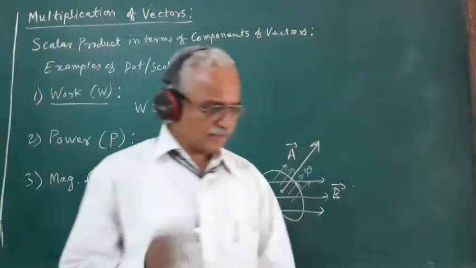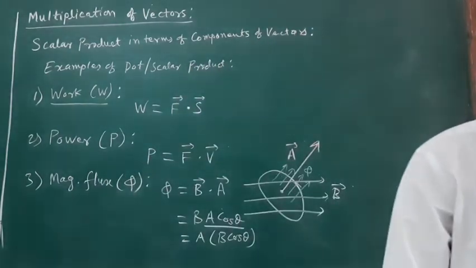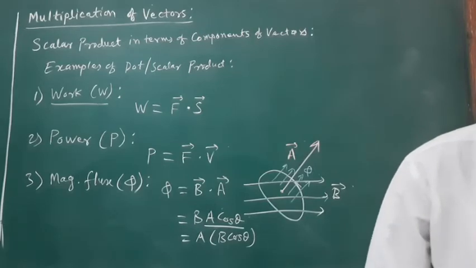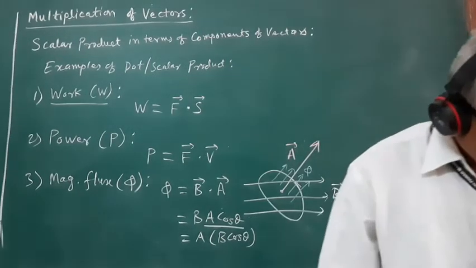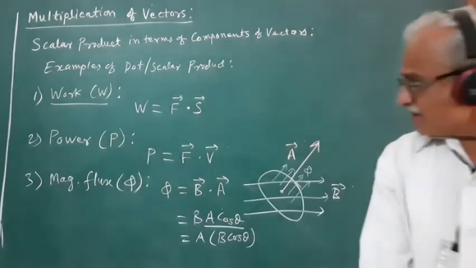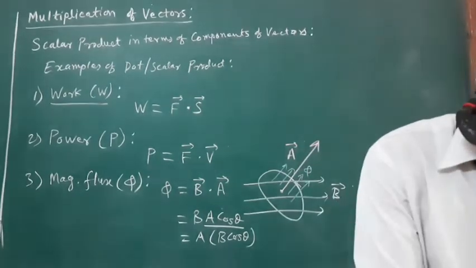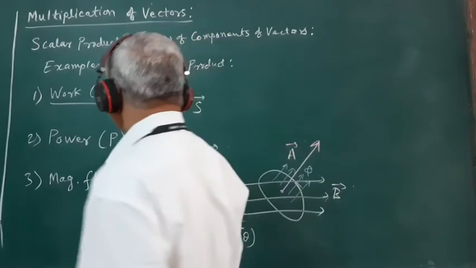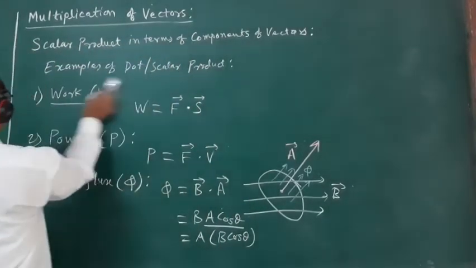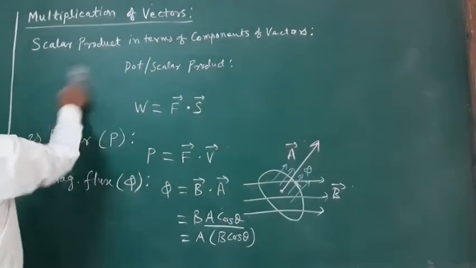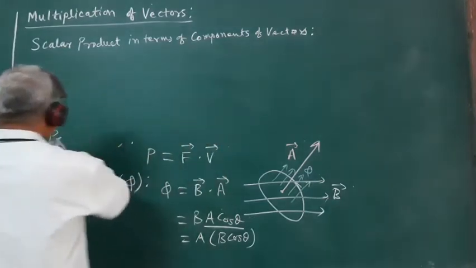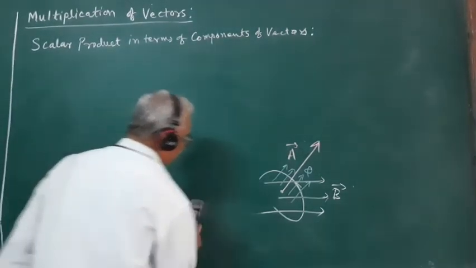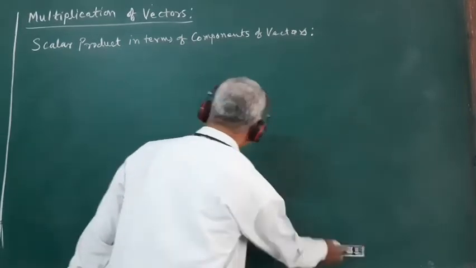And there are many more situations where we come across this kind of scalar product of two vectors. This scalar product of the two vectors is nothing but the product of the magnitude of one vector and the component of the second vector in the direction of the first vector, that is A B cos theta.